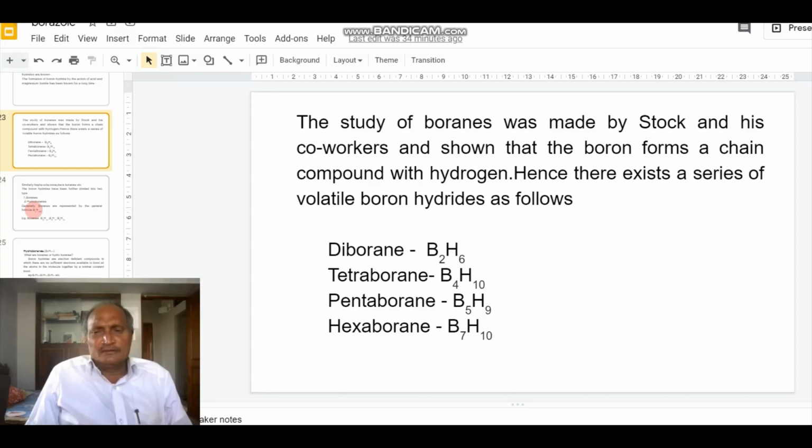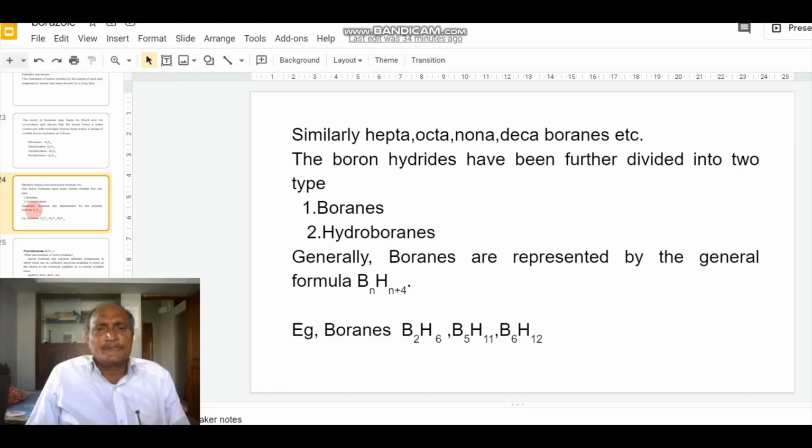Hence, there exists a series of volatile boron hydrides as follows: diborane B2H6, tetraborane B4H10, pentaborane B5H9, hexaborane B6H10, etc. Similarly, octa, nona, decaboranes are also known.